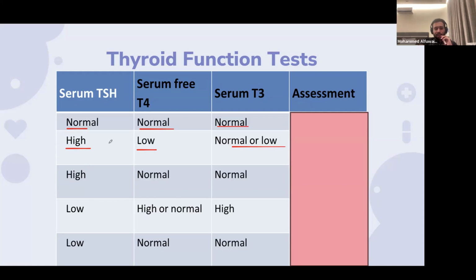How about this patient? High TSH, however, normal T4 and T3. Subclinical hypothyroidism. Excellent. And then low TSH, high T3 and T4. Primary hyper. And then the last one, which is low TSH and normal T4 and T3. Subclinical hyperthyroidism. Good.